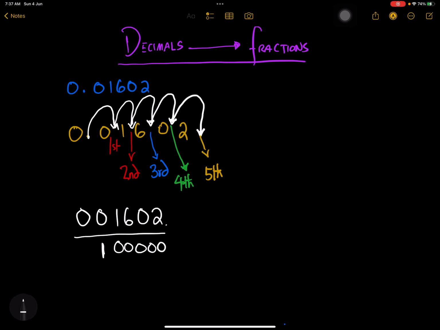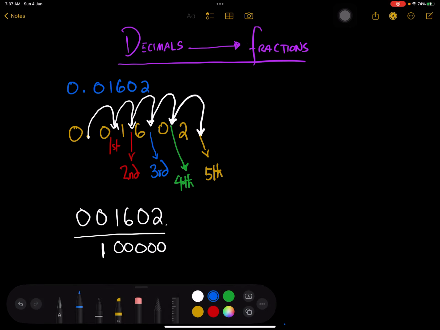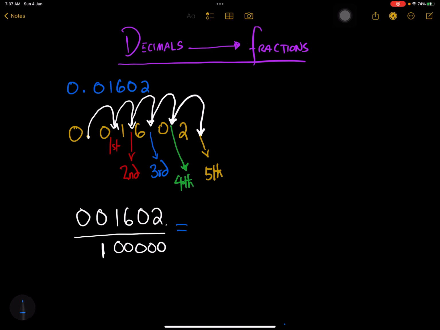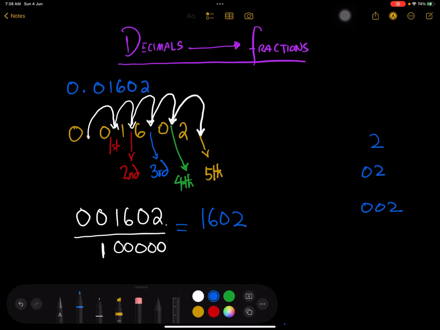But remember that the numerator can be rewritten as 1602, because we usually don't write leading zeros. If you take the number 2, we don't write 02, neither do we write 002.